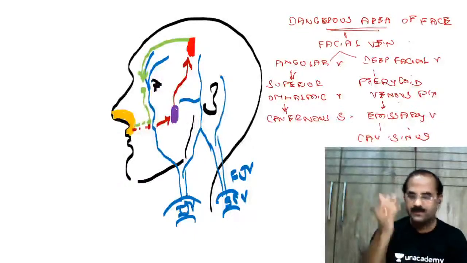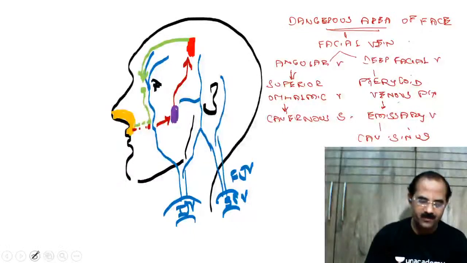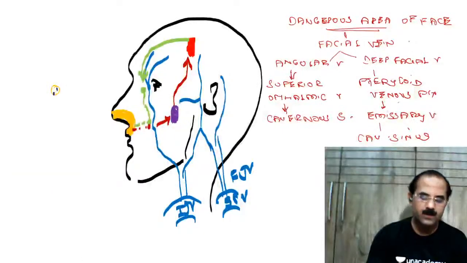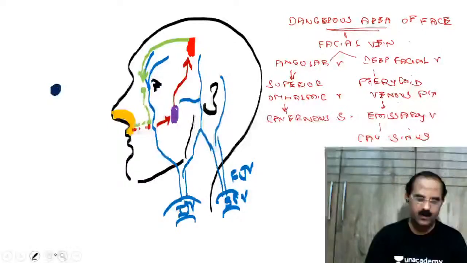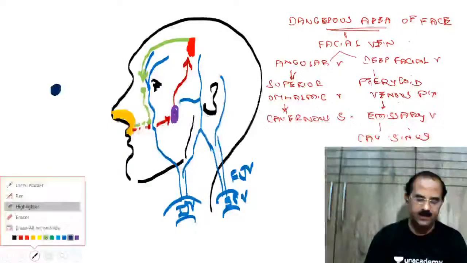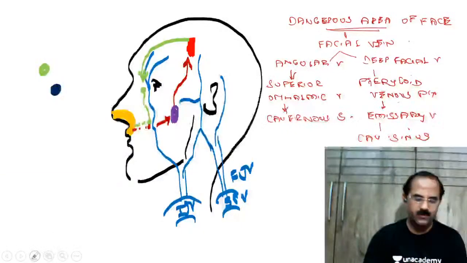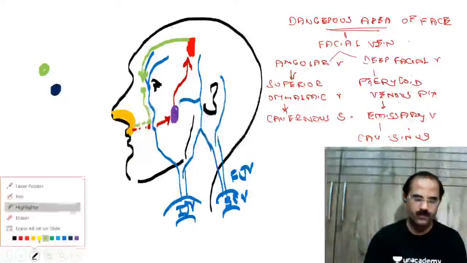I'll just make this for you. See, this is the motor nucleus of the facial nerve, and this is the nucleus of the abducens nerve. And what are the fibers of the facial nerve doing?